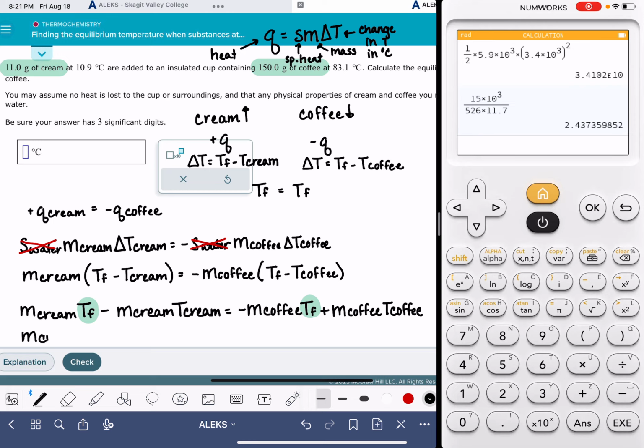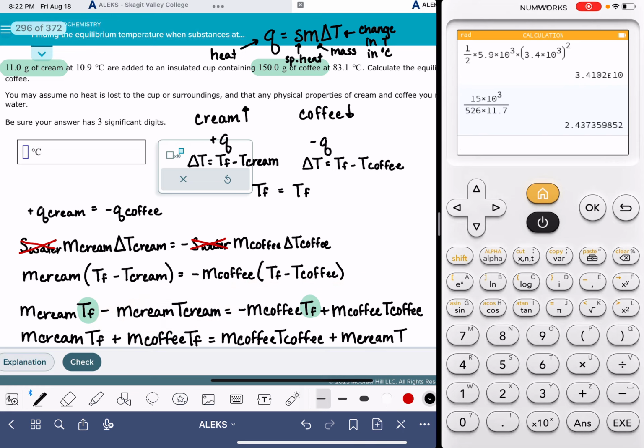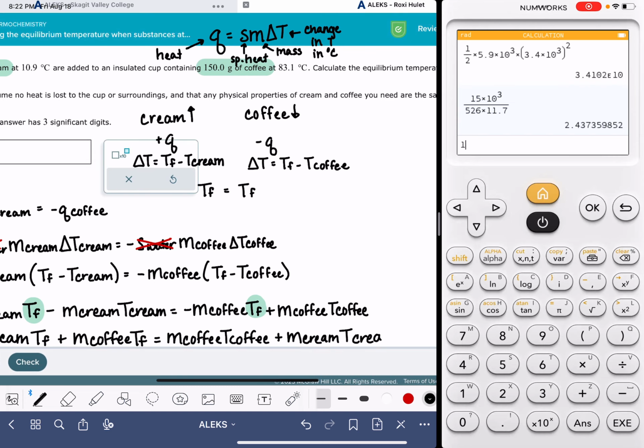So I've got mass of the cream times TF plus the mass of the coffee times TF. I did that by moving that term over. That is equal to the mass of the coffee, T coffee, plus I'm moving this term over to the right-hand side, mass of the cream, temperature of the cream.